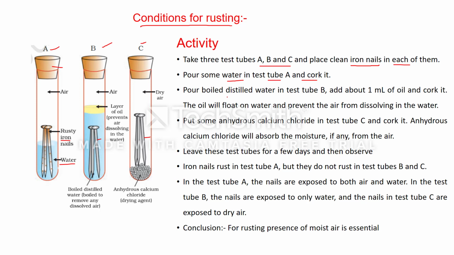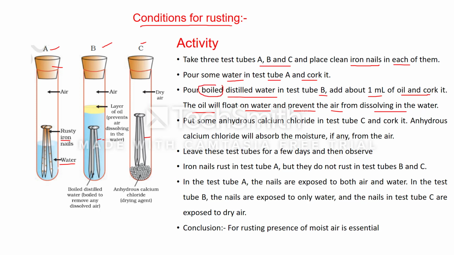Pour boiled distilled water in test tube B and add about 1 ml of oil and cork it. Is it clear? The oil will float on water and prevent the air from dissolving in water in B. Now, why are we taking this boiled distilled water?